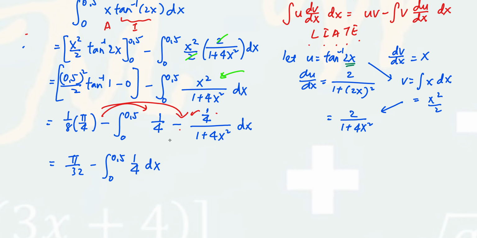So I will write plus 1 over 4, times 1 over 1 plus 4x squared. So rewrite the first term. Integrate 1 over 4, it will be 1 over 4 x.